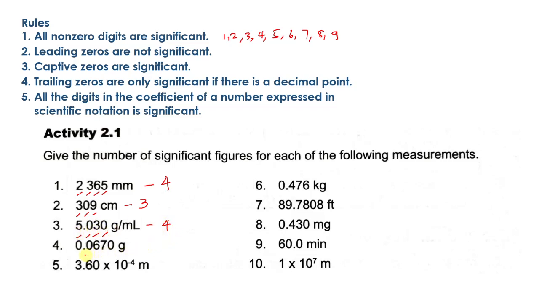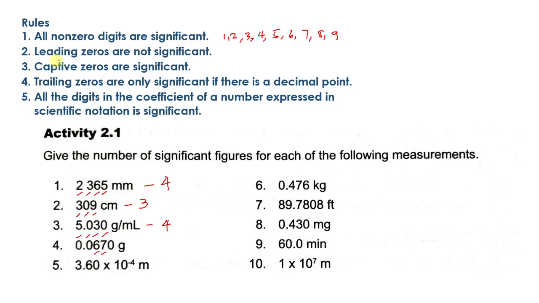Let's go to number 4, 0.0670 grams. Here again, 6 and 7 are non-zero digits, so these will be considered as significant. Here we have the zeros before the first non-zero digit. These are leading zeros, from the word leaders, right? Of course, leaders are always in front.